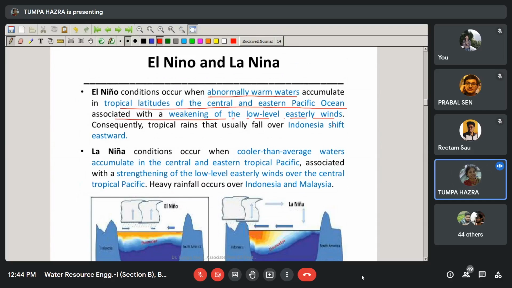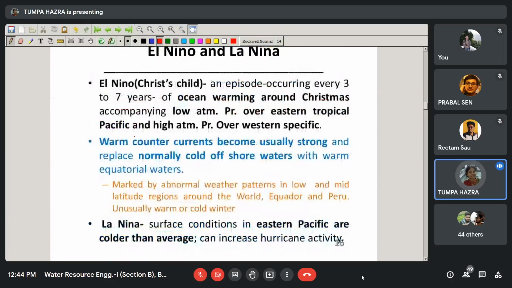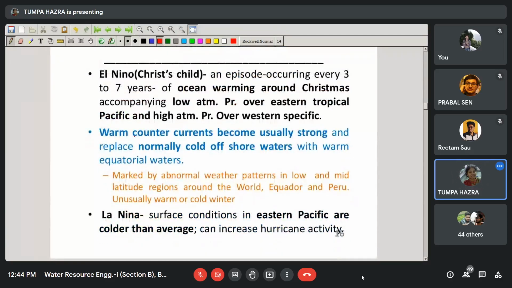Therefore the precipitation which normally should fall over Indonesia, Malaysia, etc., is shifted eastward, creating rainfall over Peru, Ecuador, etc.